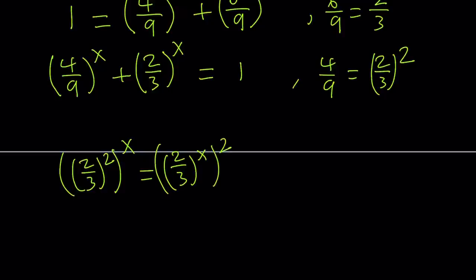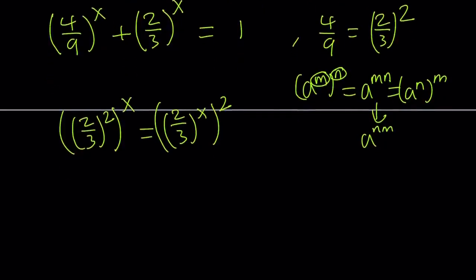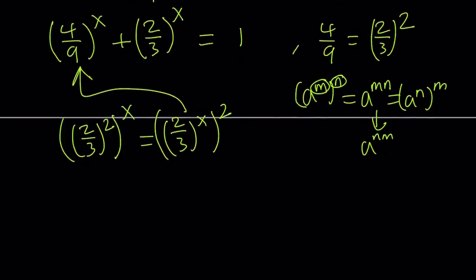In other words, if you have a to the power m to the power n, it can be written as a to the power mn or a to the power n to the power m, because this is a to the power nm, which is the same as mn. Okay, does that make sense? So in other words, you can switch these exponents around because they are being multiplied.